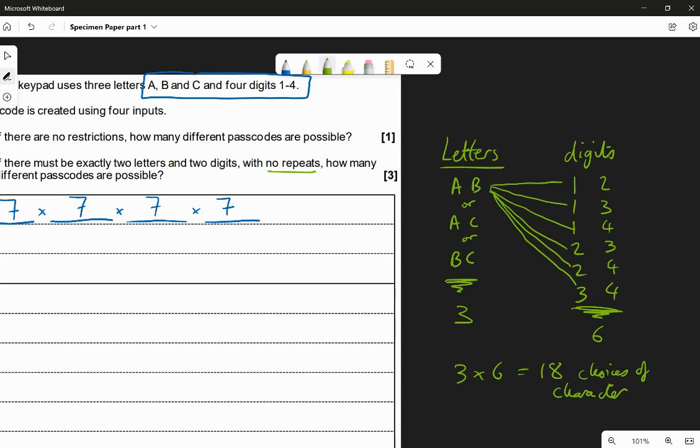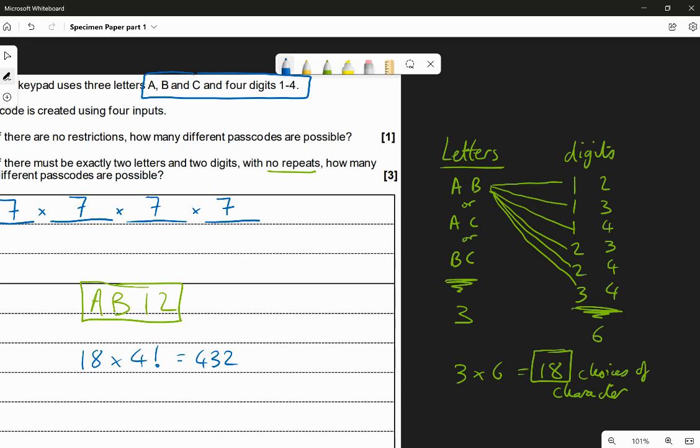Now, for each of those, so let's say I chose A, B, 1, 2. I can arrange these 4 characters in 4 factorial ways. So each of the 18 choices can be arranged in 4 factorial ways. So it's like I've got 18 lots of 4 factorial different possible options, which gives me 432 options.